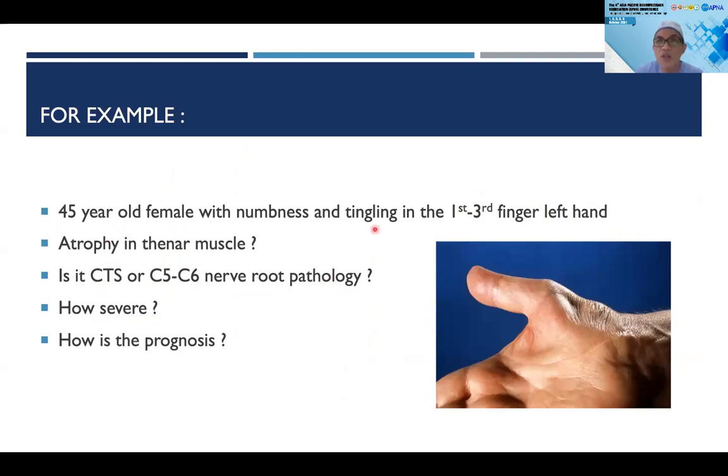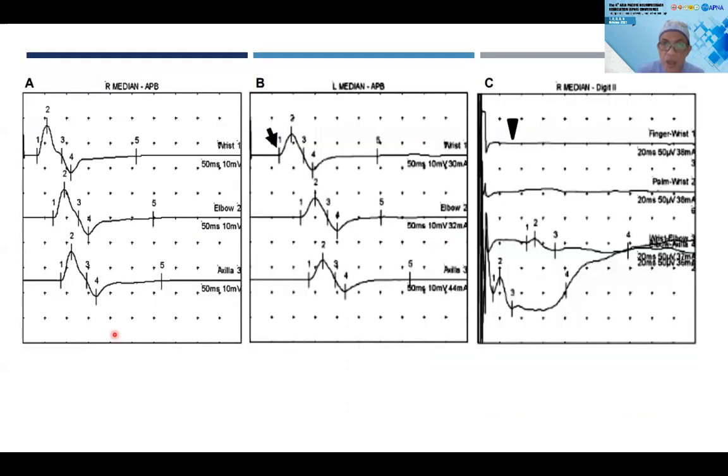Based only on the history and neurological examinations, sometimes we cannot be sure about the severity and also the prognosis. But with an electrodiagnostic study, in this case, we can compare with the normal value on the right side and also the affected side, the left side. Based on the study, we find that the latency in the left median nerve is prolonged.